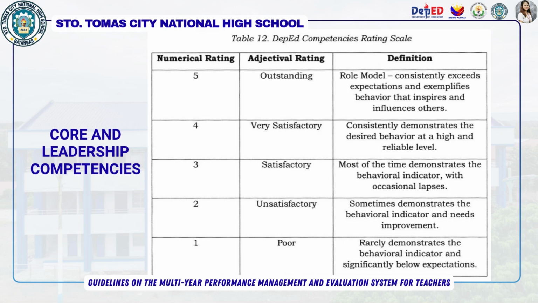Satisfactory. Most of the time demonstrates the behavioral indicator with occasional lapses. 2. Unsatisfactory. Sometimes demonstrates the behavioral indicator and needs improvement. 1. Poor. Rarely demonstrates the behavioral indicator and significantly below expectations.